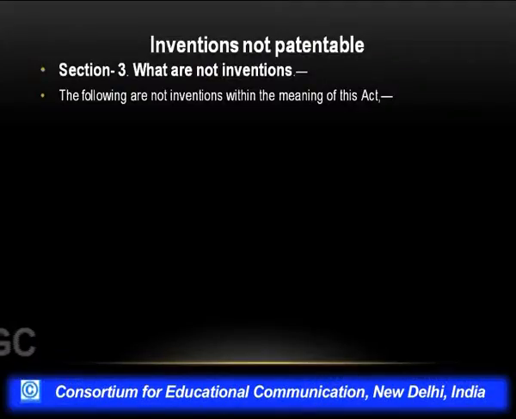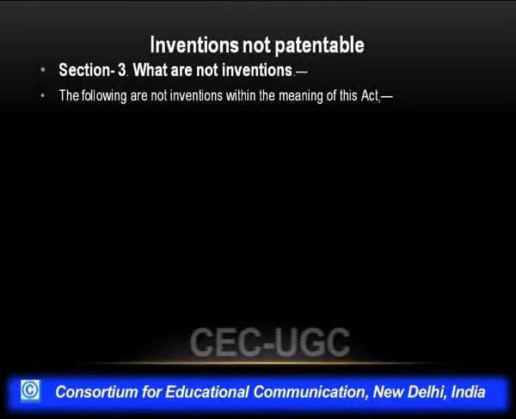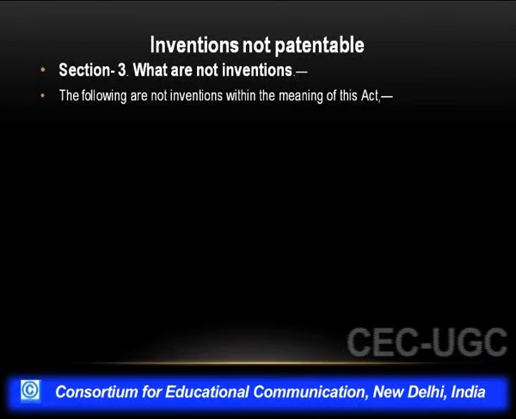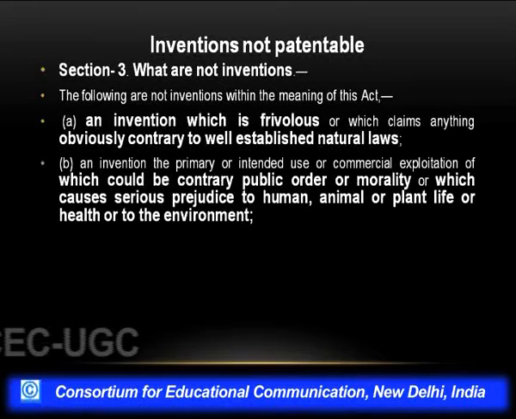Let us see the composition of section 3. If you have a look at this slide, these are the following inventions within the meaning of this Act which are not inventions and cannot be given patent protection. Section 3 is worded in this manner.